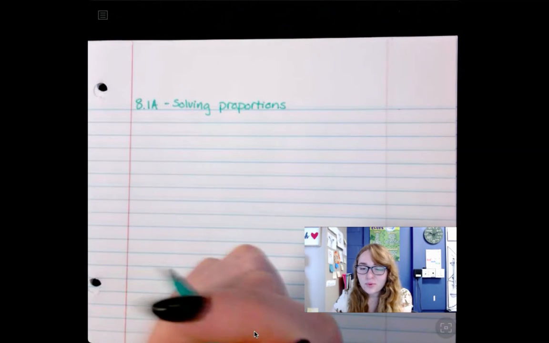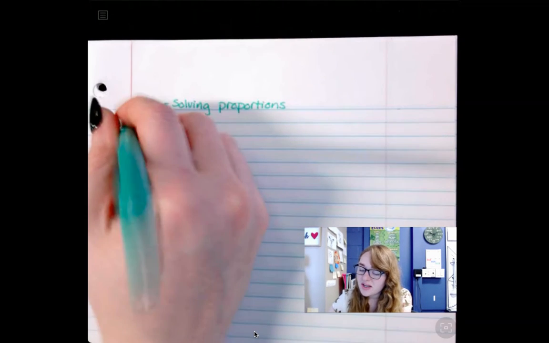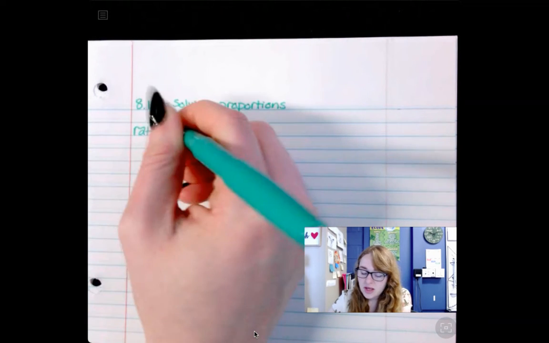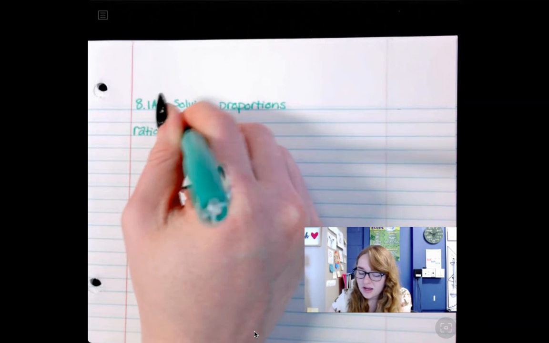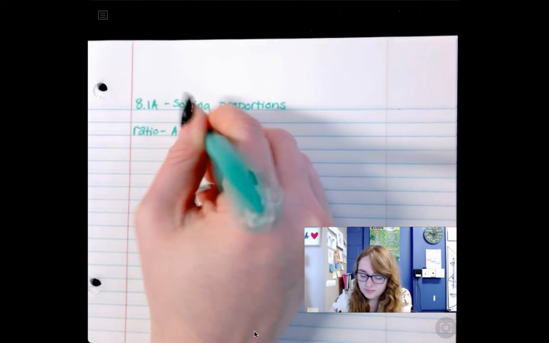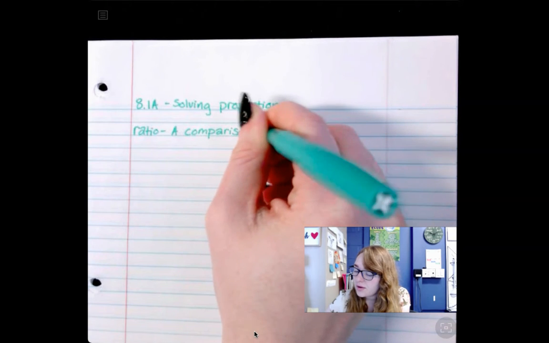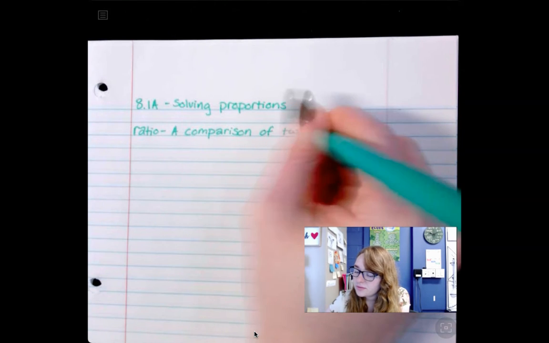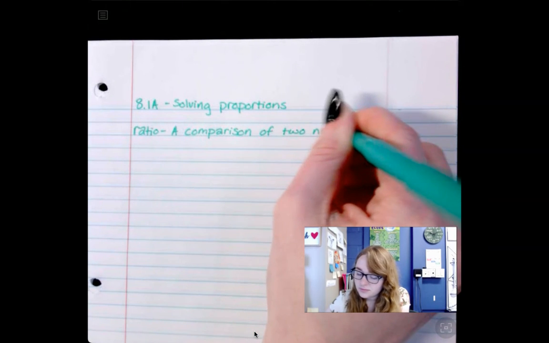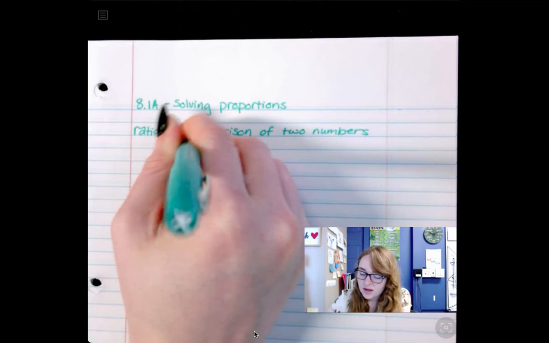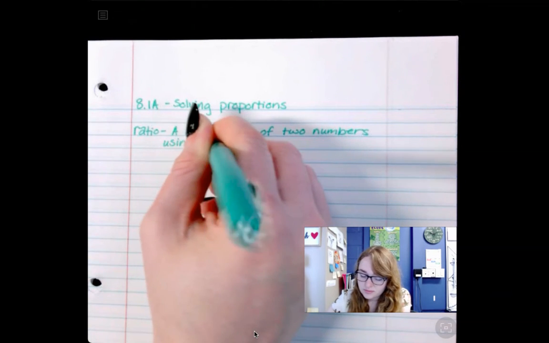In order to solve proportions, we need to know two definitions. The first definition is a ratio. A ratio is a comparison of two numbers using division.